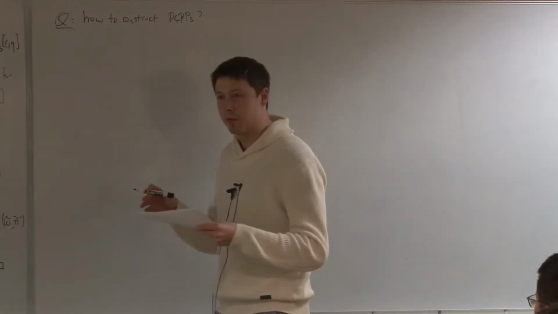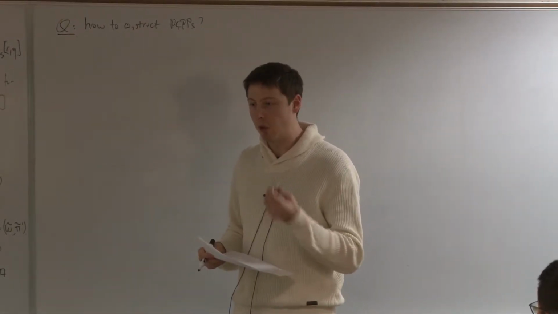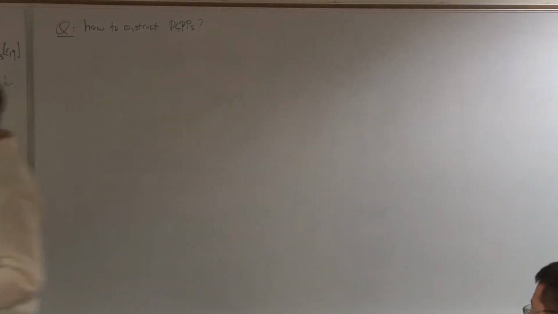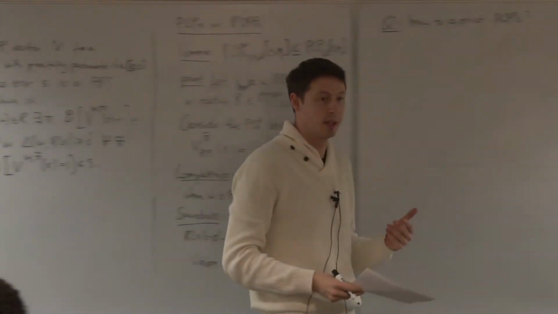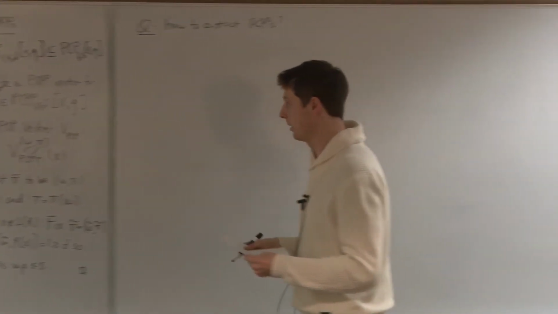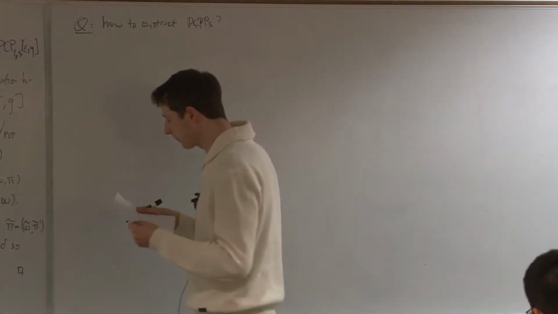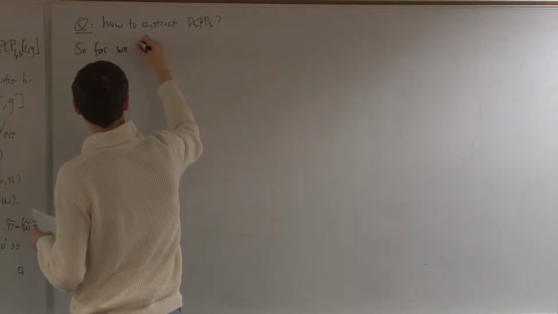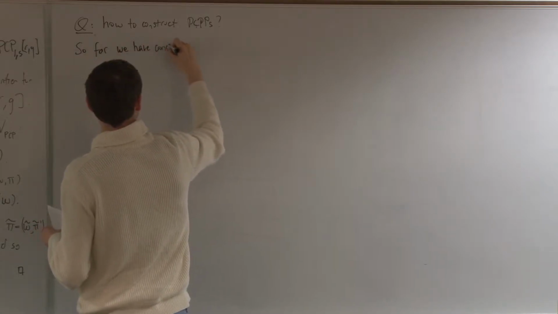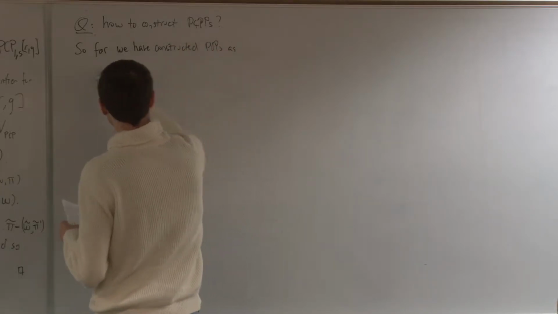So what I'm going to do now is try to abstract away what we've done so far. We can actually view the construction in both cases through one approach, okay? And we're going to see how we can augment that approach to achieve proximity. So far, we have constructed PCPs as basically something like this.